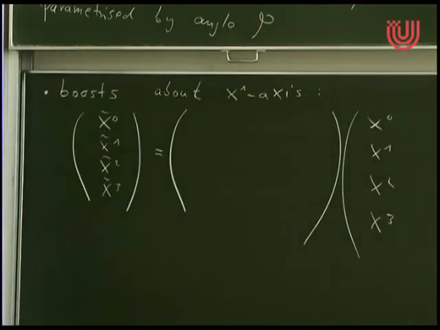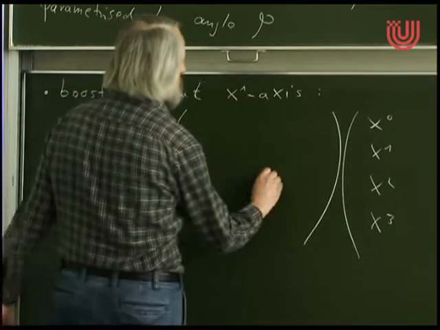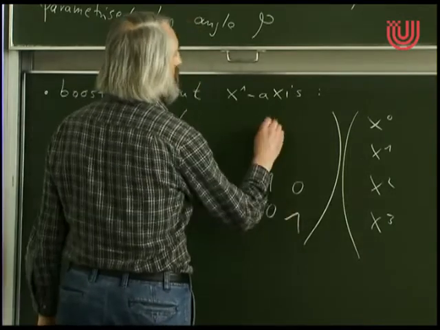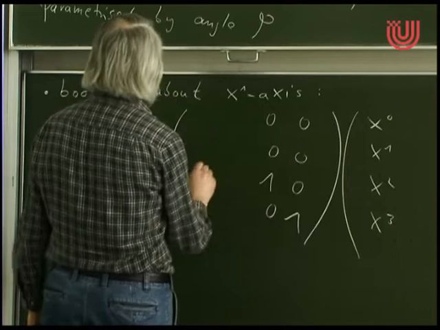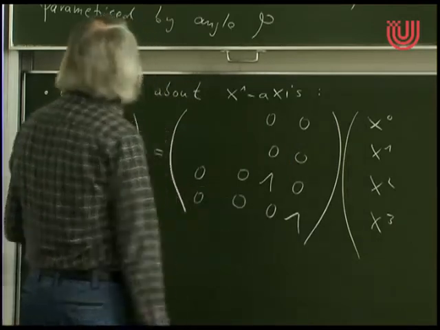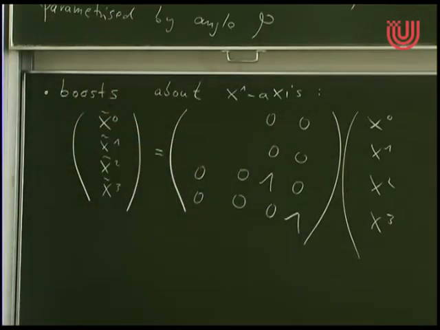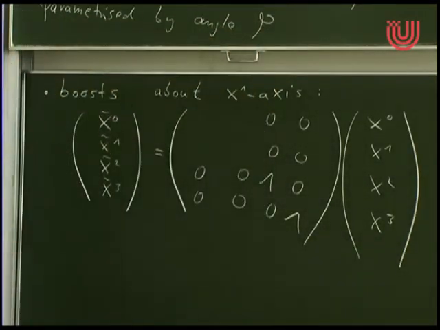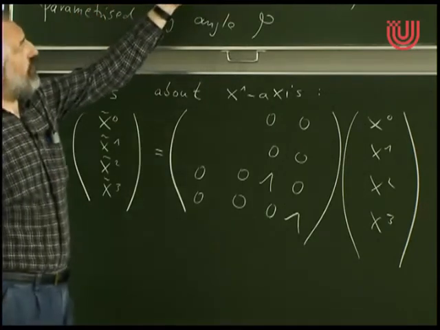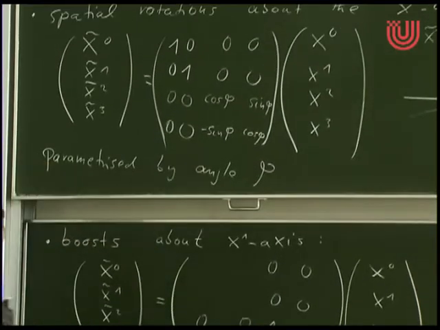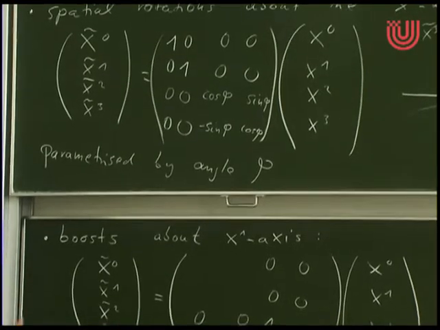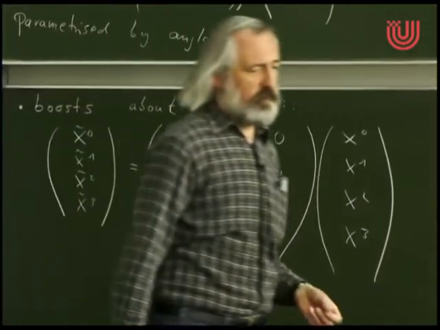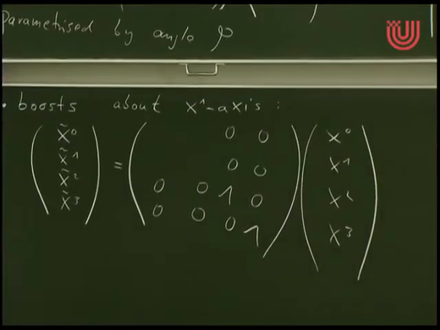It looks in the following way. Here I have a motion in the x1 direction. So in this case, nothing happens with respect to the x2 and x3 axis. So I have now here 1, 1, 0, 0, and also 0 in the mixed terms. And the interesting thing happens here. Here I have something which is similar to a rotation, but instead of cosine, which appears when I treat ordinary rotations, I have hyperbolic cosines and hyperbolic sines. Some people call it a pseudo-rotation.